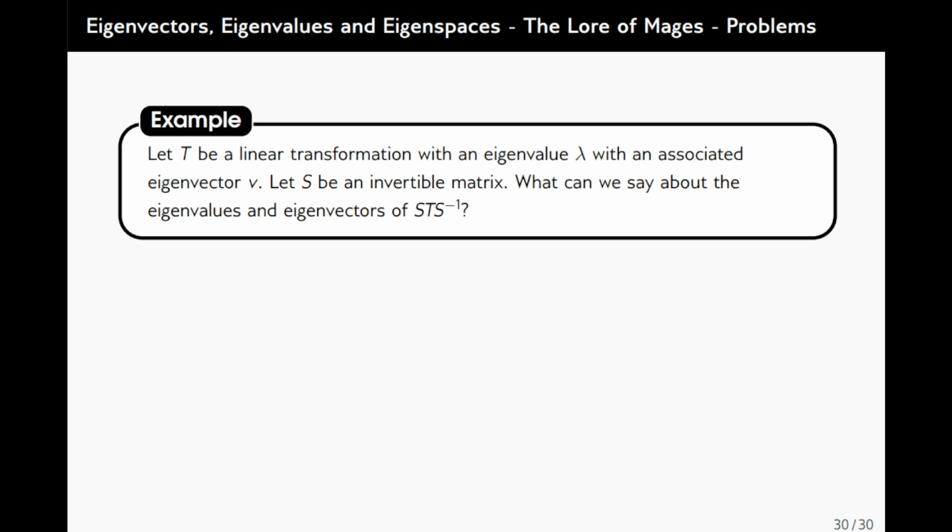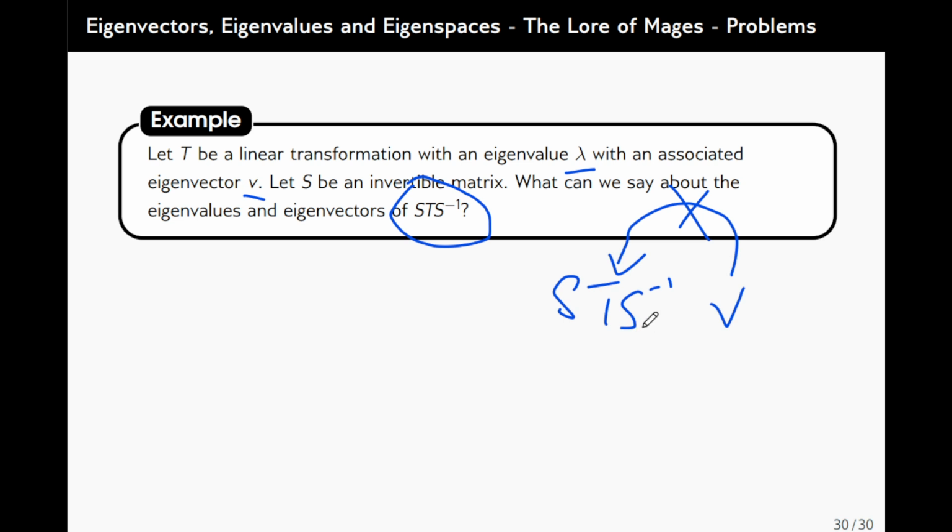Another question. Lambda is also a skill with a mage V. You already know this, but you want to find a mage for this thing. It looks complicated, because if you try to do S inverse V, it doesn't work, because this V does not touch the T. A mage can only transform the things they can touch.